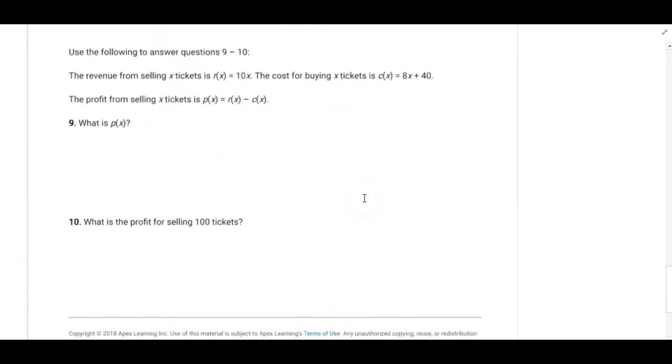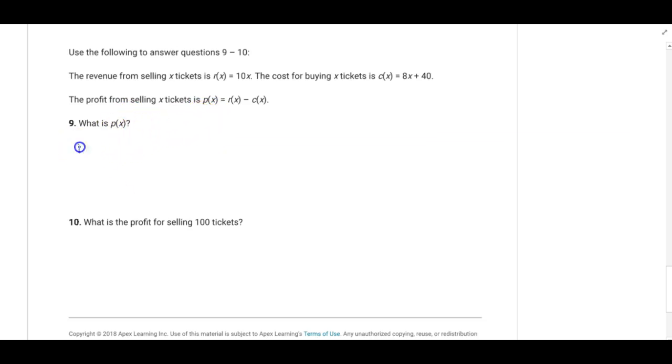Alright. Now this is the one I want you to do. The revenue from selling X tickets is R of X equals 10X. The cost of buying them is 8X plus 40. The profit from selling X tickets is P of X equals R of X minus C of X. So what is P of X?